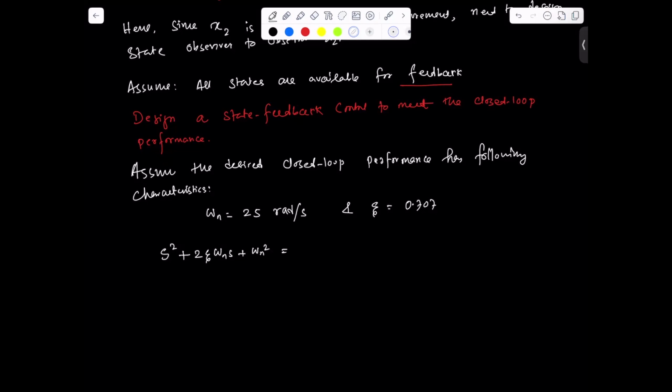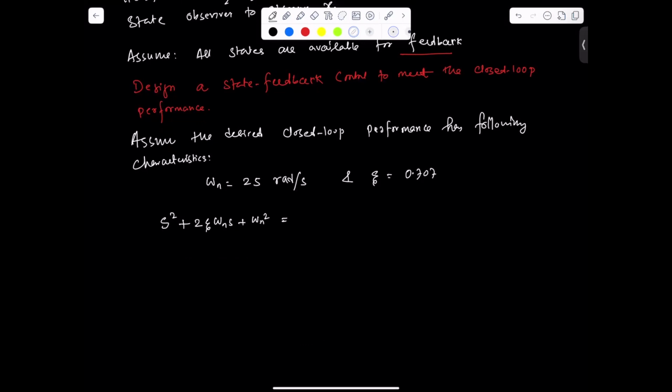Substituting the parameters, we can write s squared plus 35.35 s plus 625 equal to 0. This is the desired characteristic equation given to us.